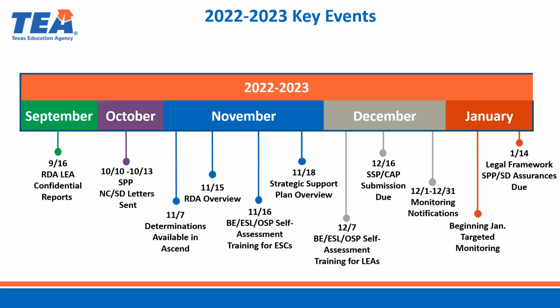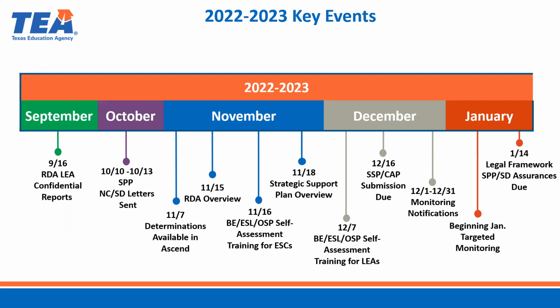On December 16th, LEAs required to submit a corrective action plan to address State Performance Plan, or SPP, noncompliance, and/or a Strategic Support Plan, SSP, as an outcome of overall RDA program determination level, should upload or submit submissions in the Ascend Texas application.